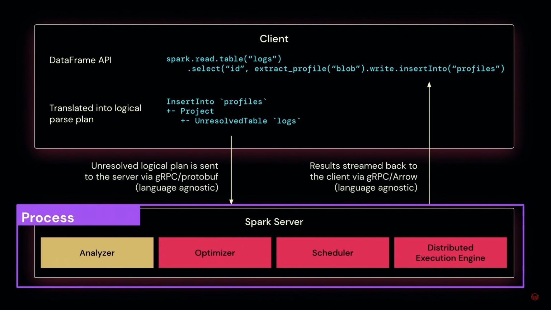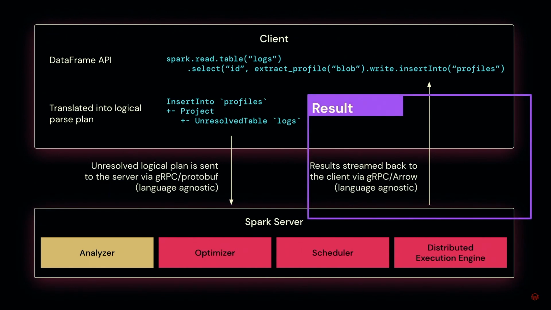On the Spark server side, there's a single place of analysis, which is the analyzer, where your unresolved logical plans get analyzed, get optimized, and the query gets executed. Once all of that is done, the results are streamed back. The client doesn't need to know anything about that. The only interface that you use in order to send your queries is unresolved logical plans.